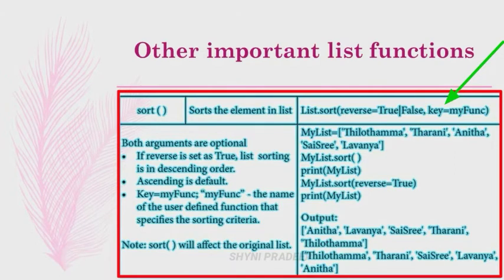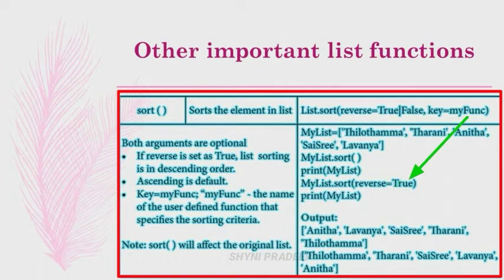Okay, let's see one example. My list is equal to Tilottama, Dharani, Anita, Shayashree, Lavanya. See the next line, mylist.sort(), so the list will be sorted. Print my list. See here, the sorted list will be displayed on the output screen like this. This is ascending order, so no need to specify it because ascending is default.